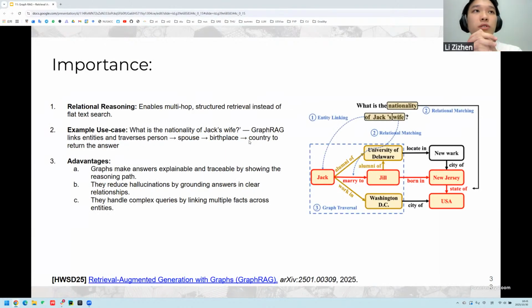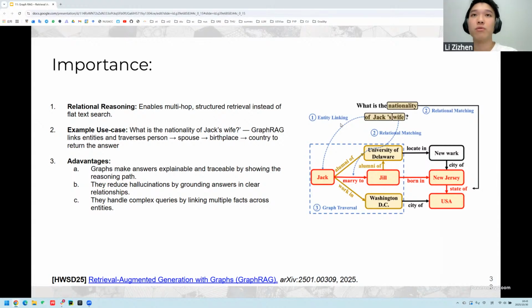Unlike the traditional RAG, the GraphRAG has several advantages. First, it can enable multi-hop structured retrieval instead of flat text search. For example, you can see the image on the right. If you want to ask what is the nationality of Jack's wife, in the vanilla RAG, you need to find documents saying who is Jack, who is his wife, as well as their nationality.